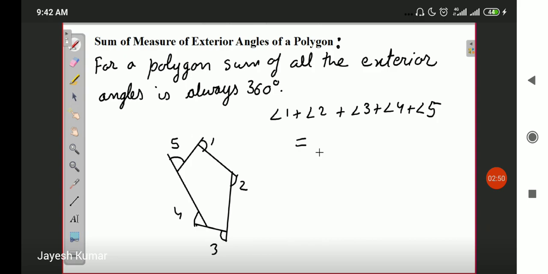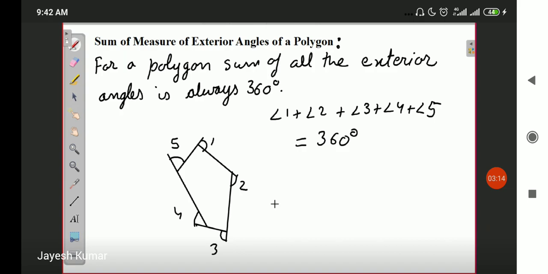It would be quite easy for a regular pentagon. I have taken an irregular pentagon, means none of these 5 angles are equal. But if you measure all of these angles and add all of them, then the final result is always going to be equal to 360 degree.